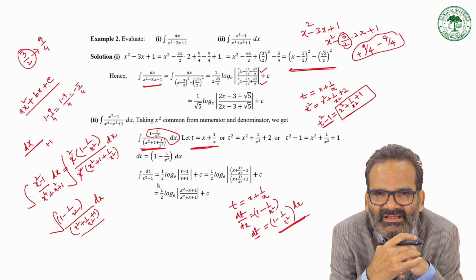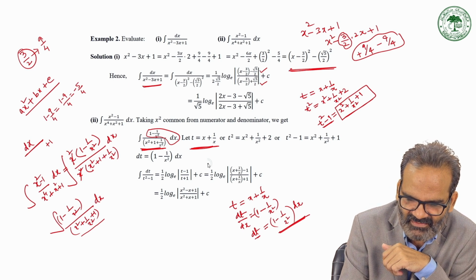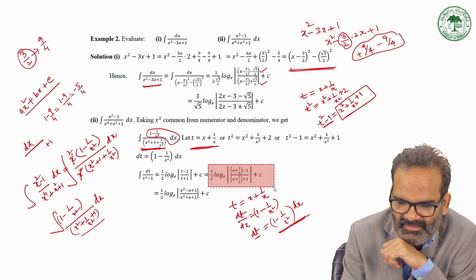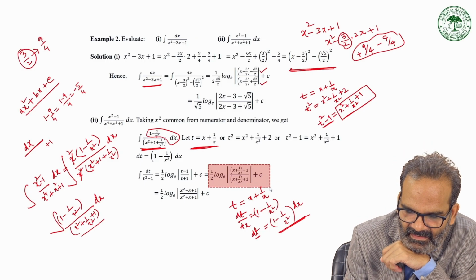Put the value of t, what we have taken as t. t is equal to x plus 1 upon x. So see, we have substituted the value of t in this function. 1 upon 2 log of x plus 1 upon x minus 1 in the numerator and x plus 1 upon x plus 1 in the denominator.